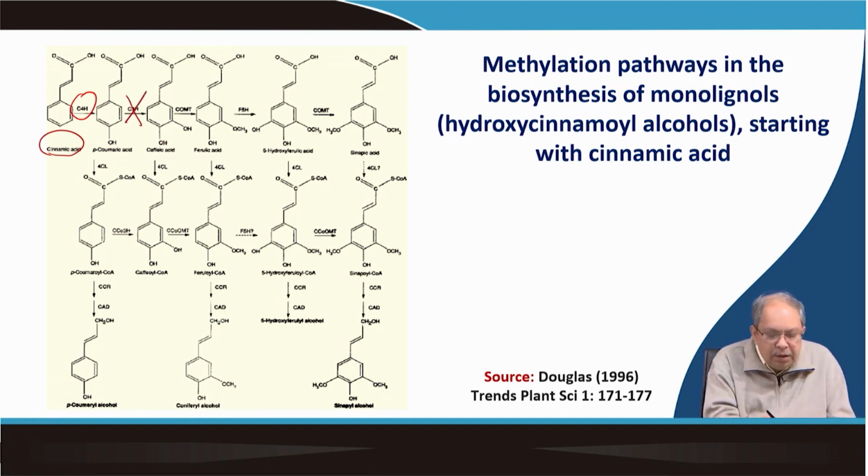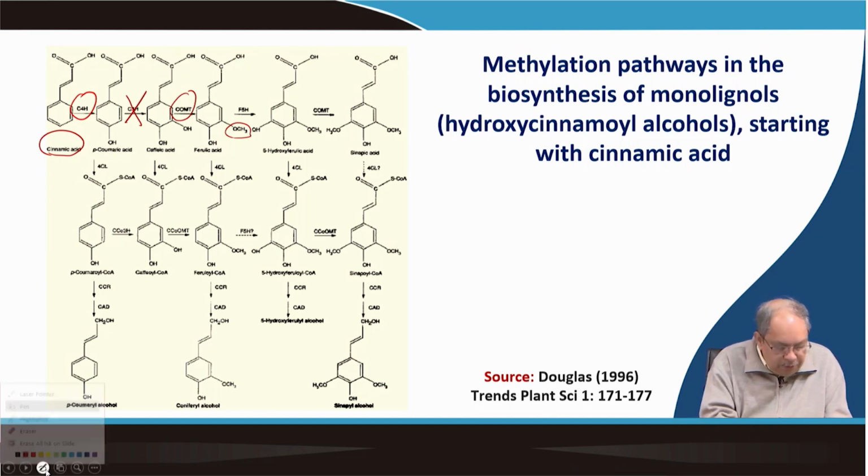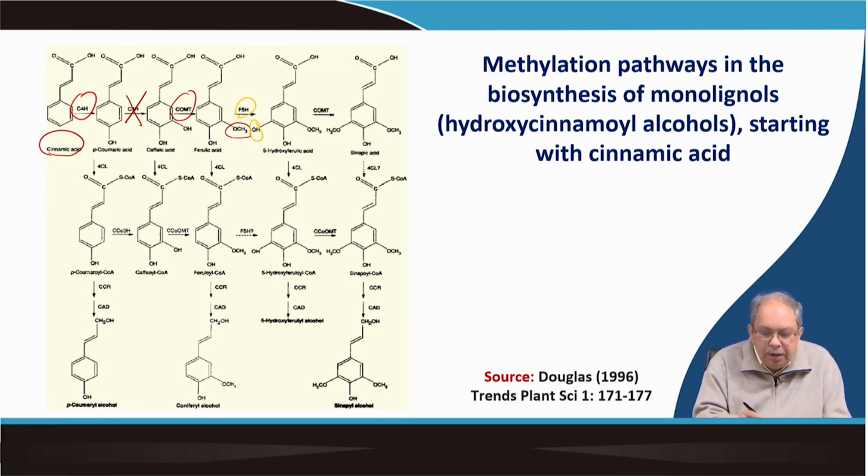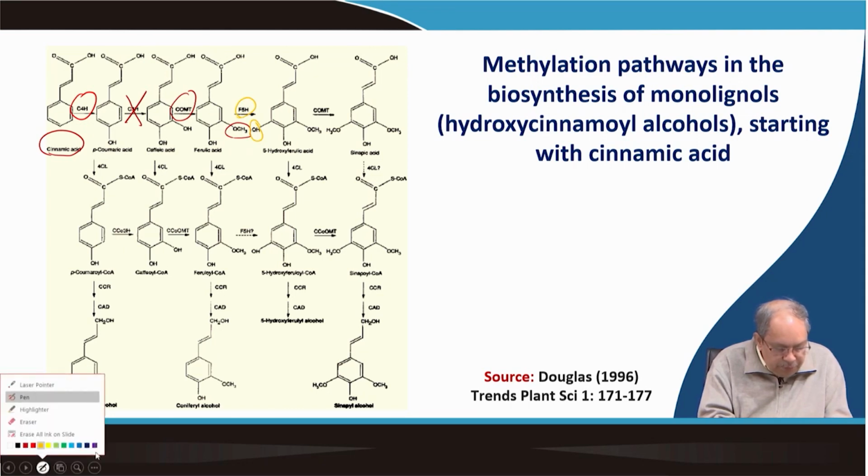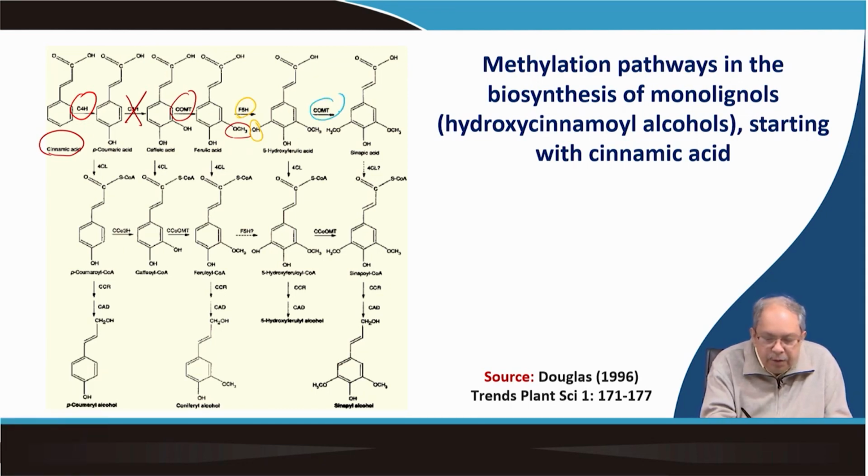Caffeic acid can be converted into ferulic acid by a methyl transferase. This is possible. Then ferulate 5 hydroxylase converts ferulic acid to 5-hydroxyferulic acid at this position, and subsequently COMT adds a methyl group at this position. These are all 5-hydroxycinnamic acids I have already mentioned.